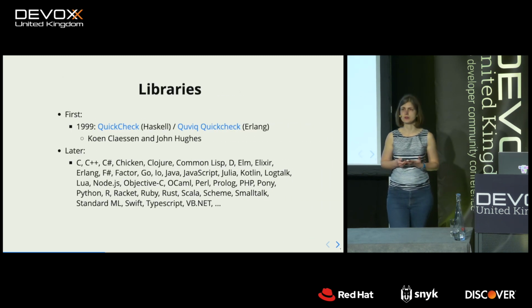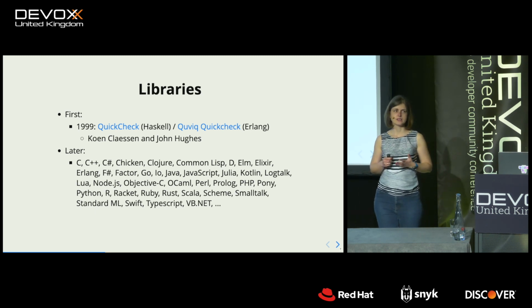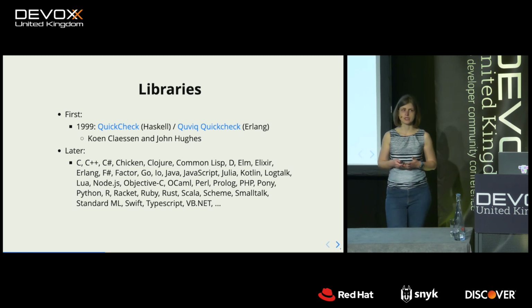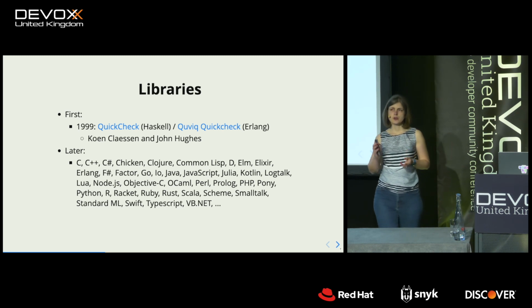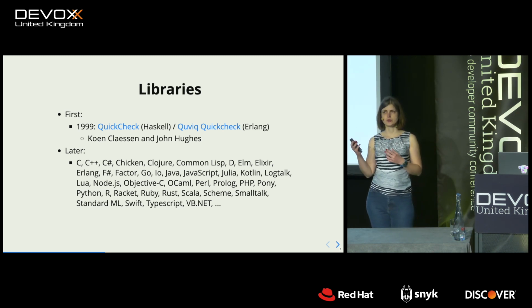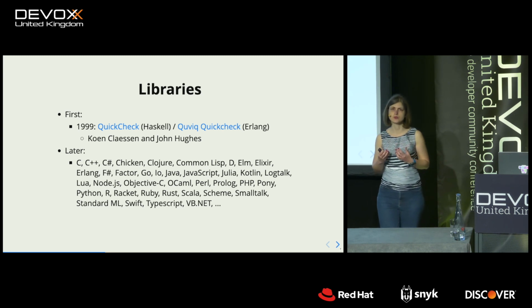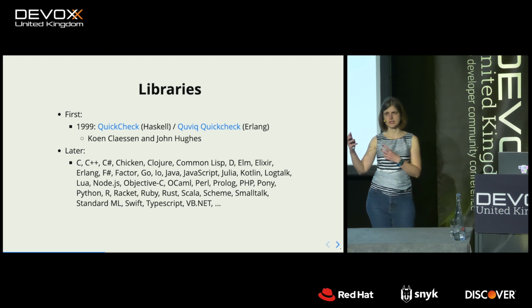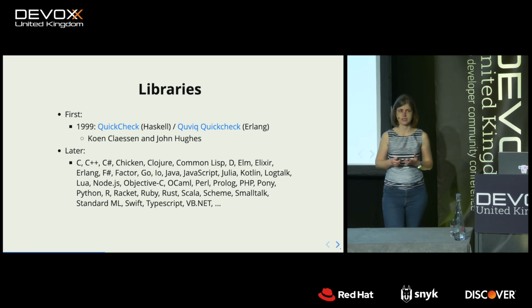But before we talk about the code, let's talk a bit about libraries. So property-based testing has been around for quite some time now. It started with Haskell and Erlang, and since then, there have been a lot of implementations in many programming languages. However, because the library does the heavy lifting for you, it's important to find the right library. The better the library, the more mature it is, the better job it will do finding edge cases for you.